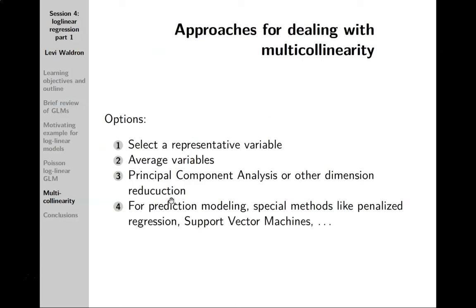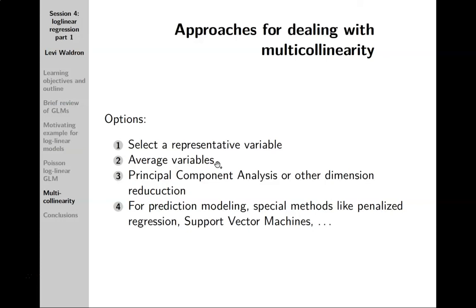So there are a number of approaches you can take for dealing with multicollinearity depending on your objectives. One of them would be to just drop some variables and select a representative variable from your model. You can do this if highly collinear variables mean that you're not getting much extra information by including them all, and you're creating an unstable model.